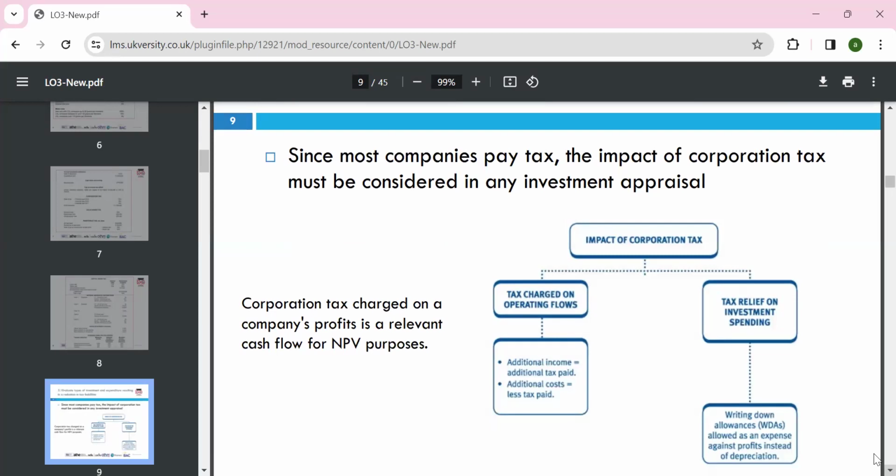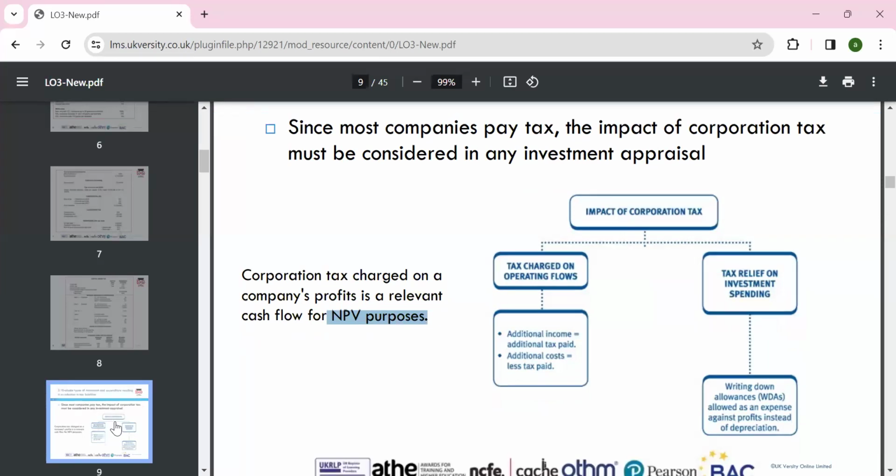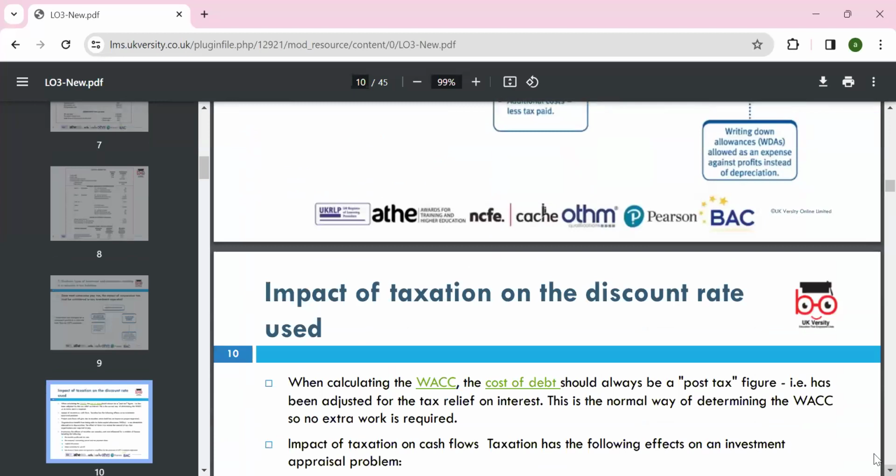We can look at the tax charge on the operating flows. Tax relief on the investment expenditures is what we call writing down allowance, and we also look at the NPV, net present values, of those.